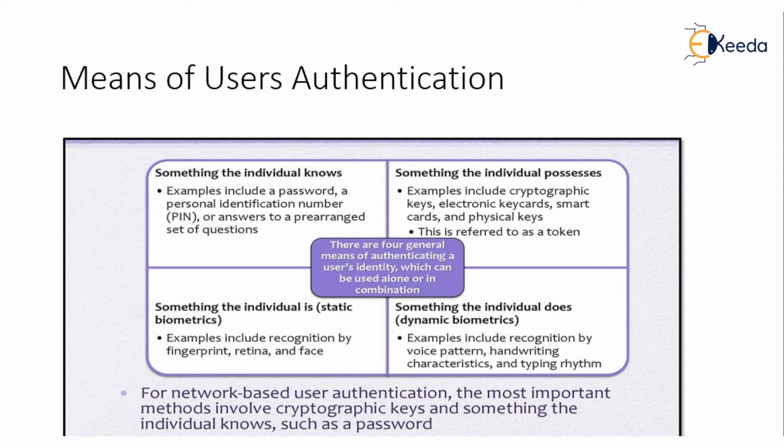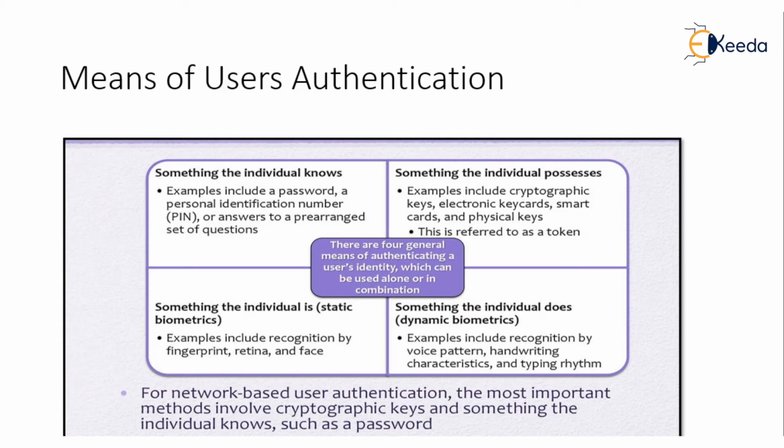The next is something that the individual possesses. That means something which you have, like we can take the examples of PAN cards, debit cards, credit cards which you have. You as an individual possess it. You as the individual have the complete authenticity to use these cards, which then specifies your identity as the authenticated user.